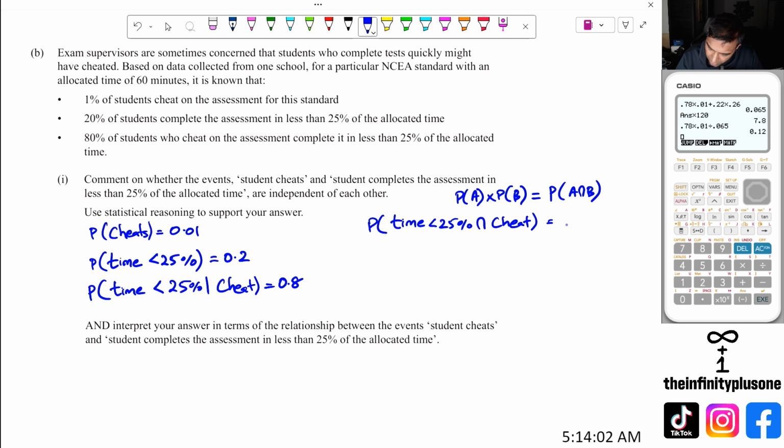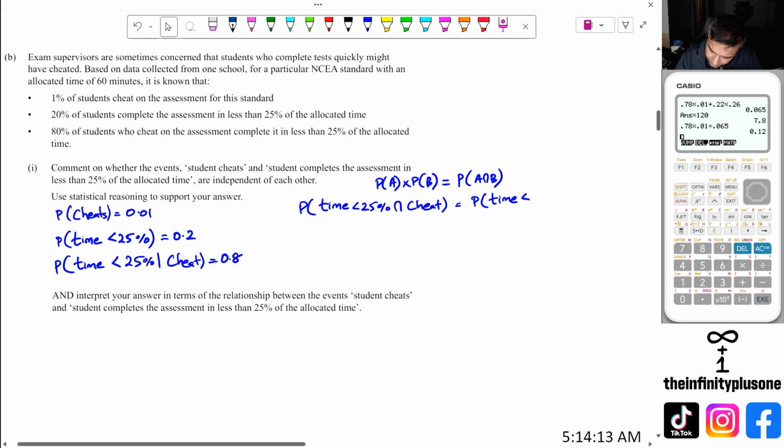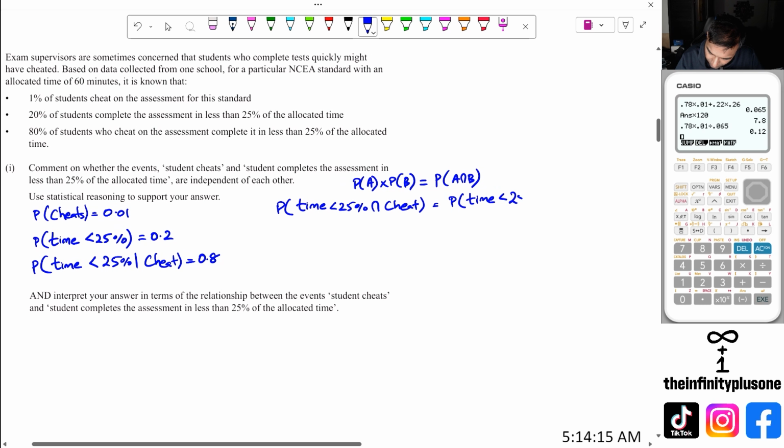Now that is equal to the probability of time less than 25%, just bear with me on this, people, given that they cheat, multiplied with the probability of cheats.